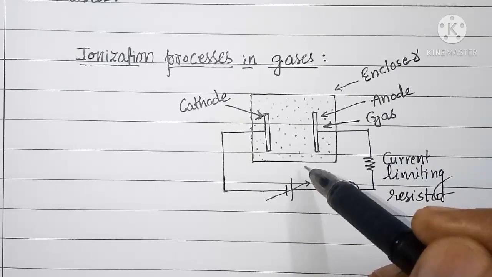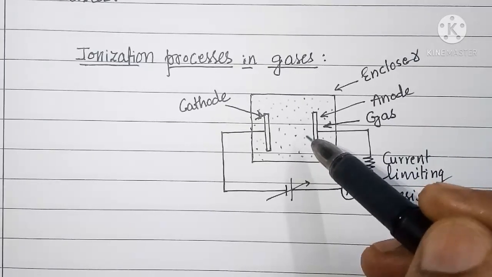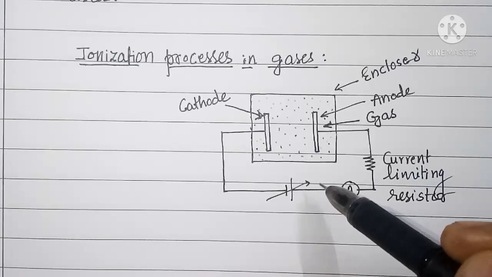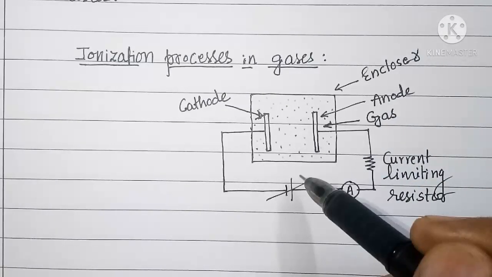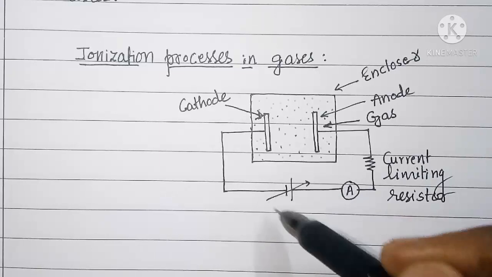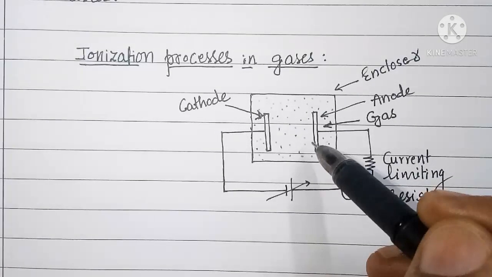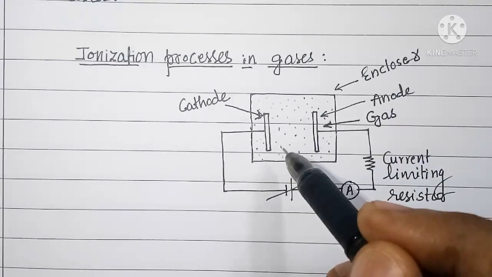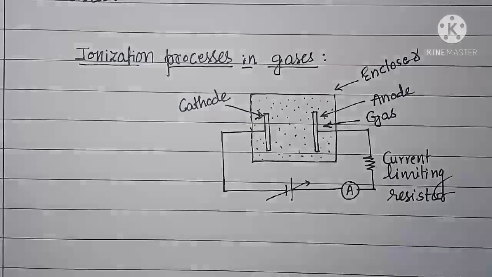When voltage is not applied here, the gas is a perfect insulator. If I go on increasing the applied voltage, the gas between the two electrodes becomes a conductor at certain applied voltage, and the electrical breakdown of the gas occurs, which means that the current starts to flow between the two electrodes.